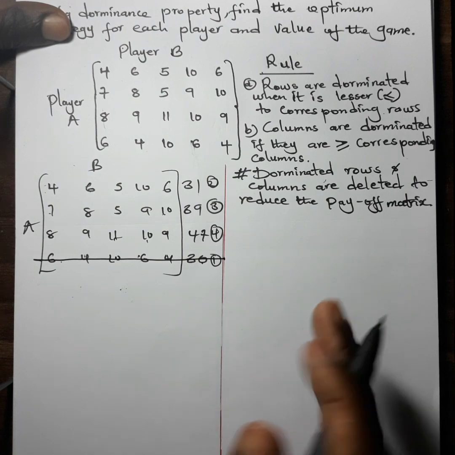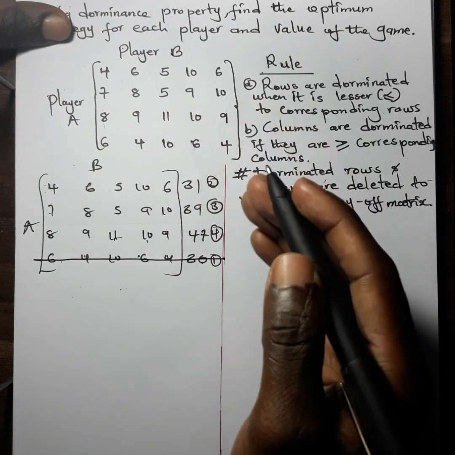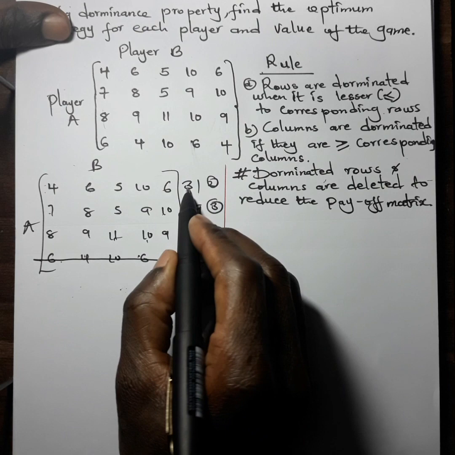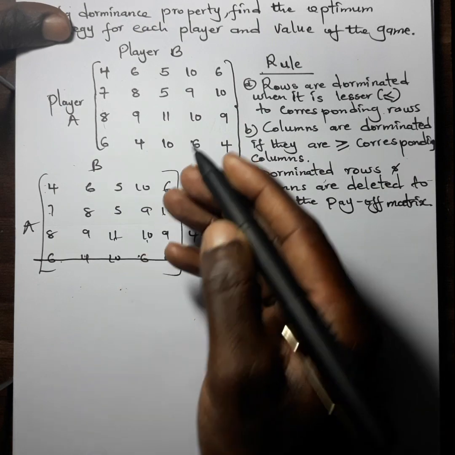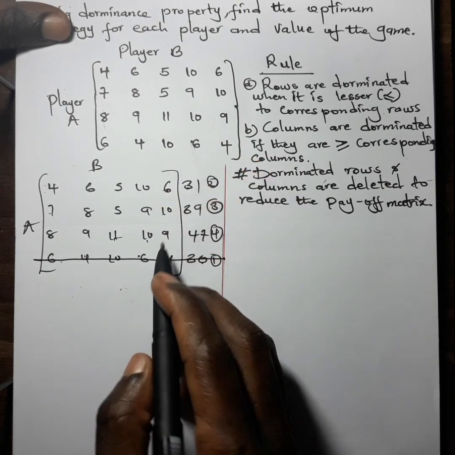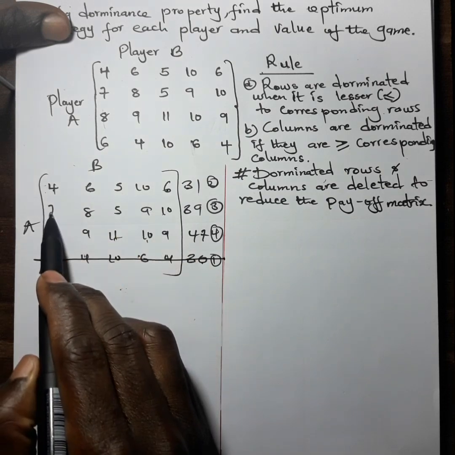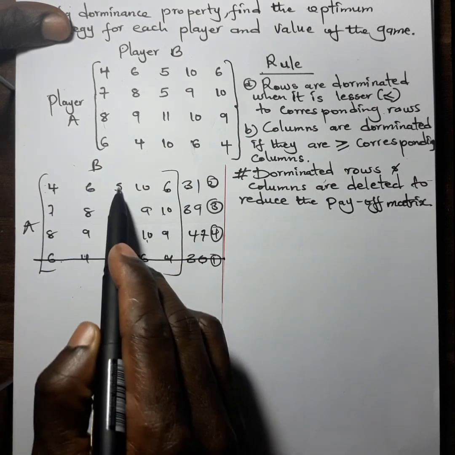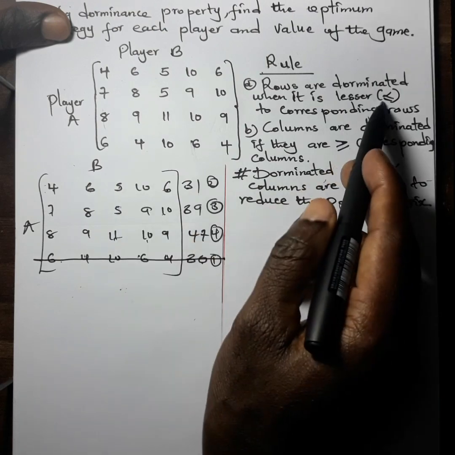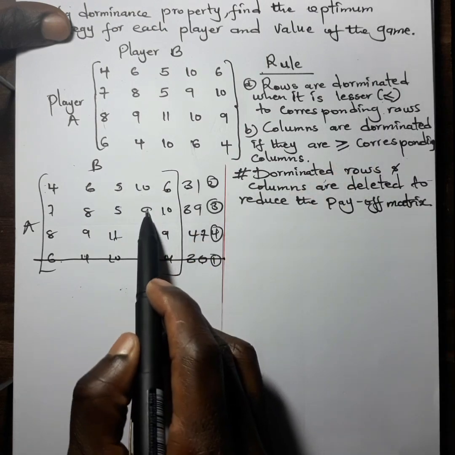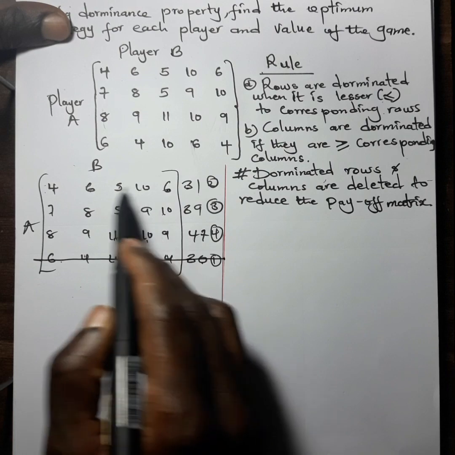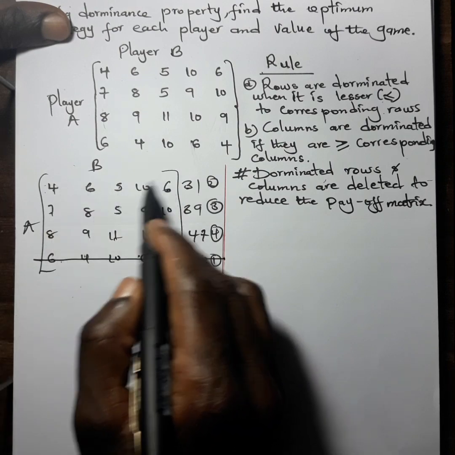The next step, we go to the next lesser value, which is 31. We compare it with the corresponding rows. Like in this case, we have 4 lesser than 7, yes. Less than 8, yes. Less than or equal, that is correct. Greater than, no. So it means this row is not dominated by this one.